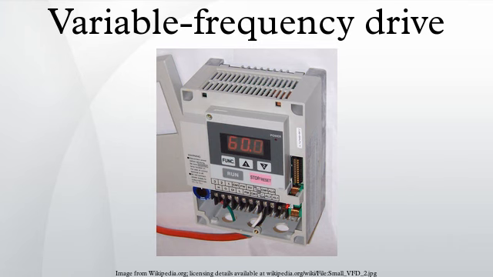The chart's four quadrants are defined as follows: Quadrant I, driving or motoring, forward accelerating quadrant with positive speed and torque; Quadrant II, generating or braking, forward braking decelerating quadrant with positive speed and negative torque; Quadrant III, driving or motoring, reverse accelerating quadrant with negative speed and torque; Quadrant IV, generating or braking, reverse braking decelerating quadrant with negative speed and positive torque.